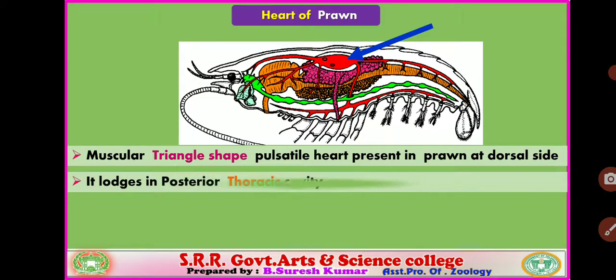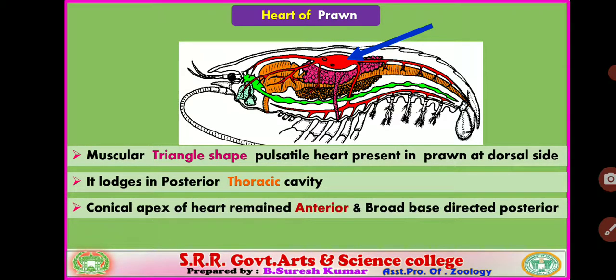Right. Next, it lodges in the posterior thoracic cavity. In the thorax region, in the thoracic cavity towards the posterior side, it remains. It is accommodated with the apex, the conical shape of the apex directed towards the anterior side, and its broad base directed towards the posterior side.